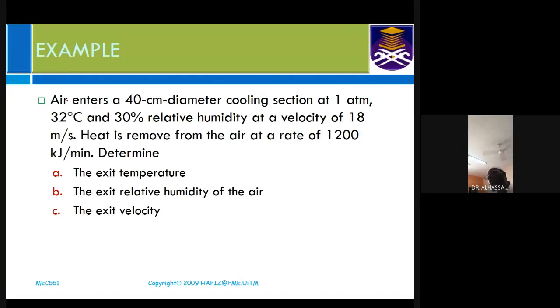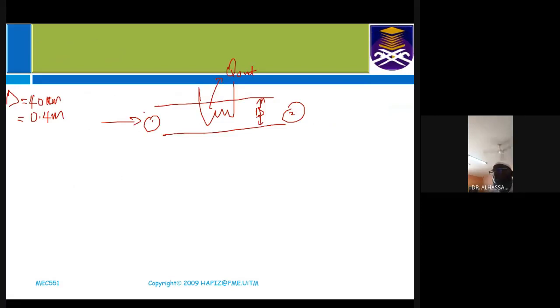And now the existing pressure of the system is 1 atmospheric pressure. So we can easily use the psychrometric chart for this without resorting to any calculation. Now, the air enters at 32 degrees Celsius and 30% relative humidity. Then the velocity is also given.